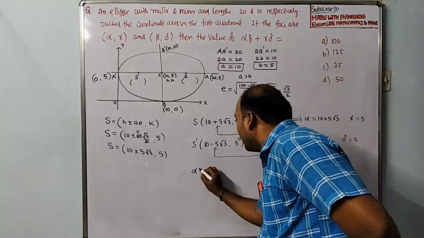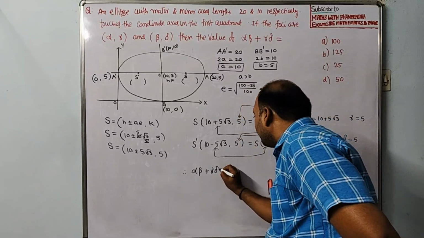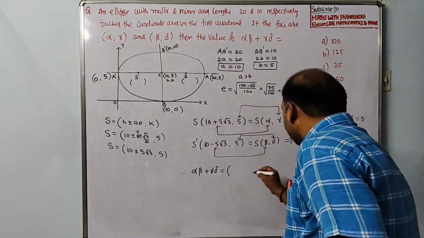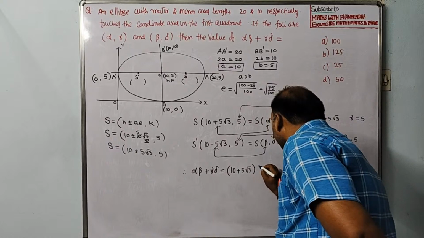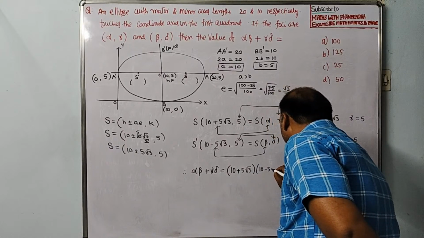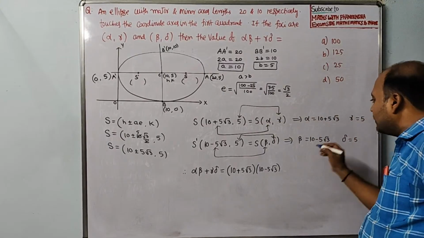Therefore, alpha into beta plus gamma into delta. So alpha value is 10 plus 5 root 3 into 10 minus 5 root 3. Alpha into beta. Next plus gamma into delta.